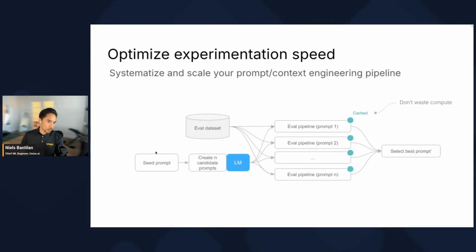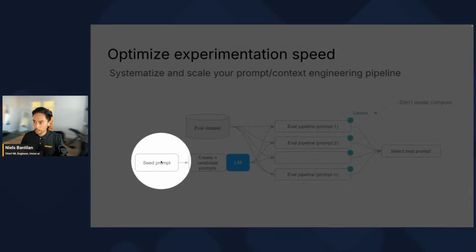The next thing you want to do is optimize experimentation speed. Here, I want to highlight the fact that SLMs may need a little bit more work to get them to perform well on your particular agent application. So what I'm showing here is we're using the eval dataset we created in the previous step, and we're running the eval pipeline on a bunch of different prompts. You may start off with a seed prompt here.